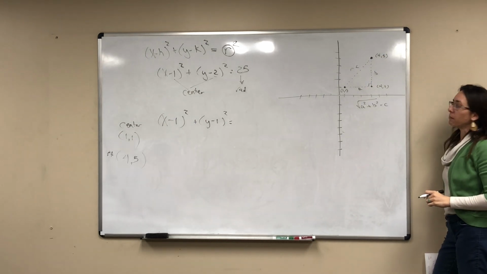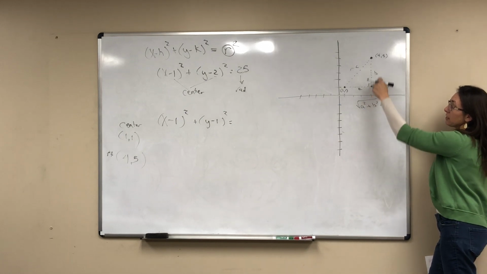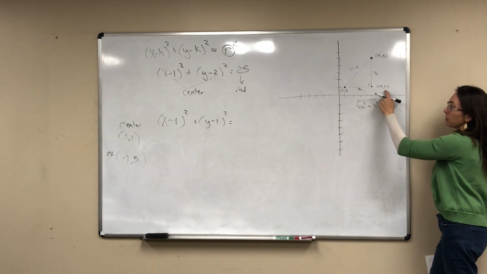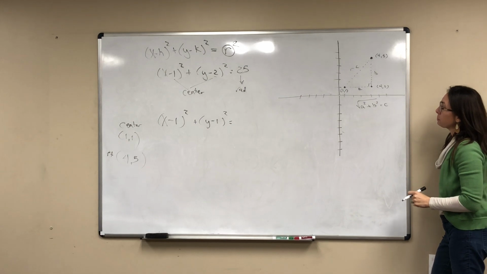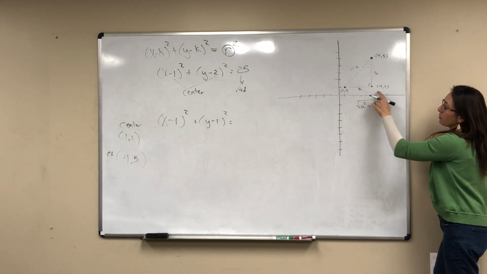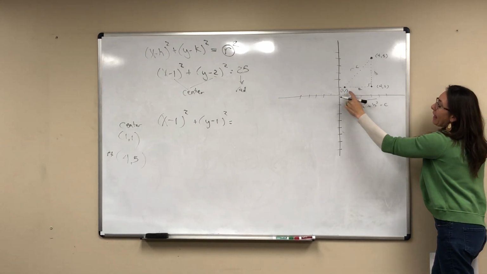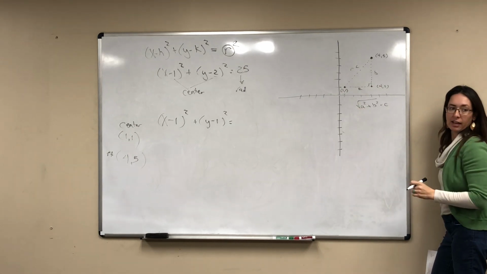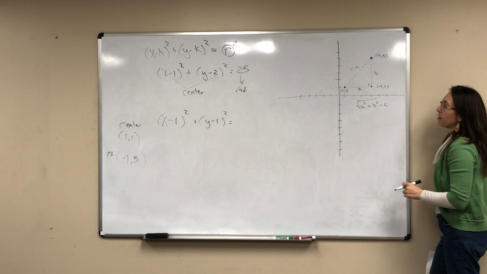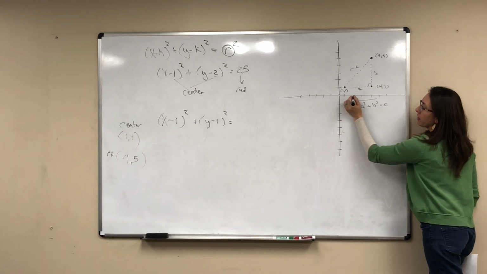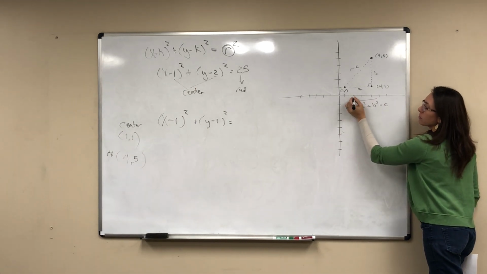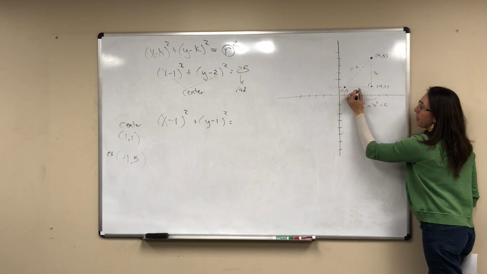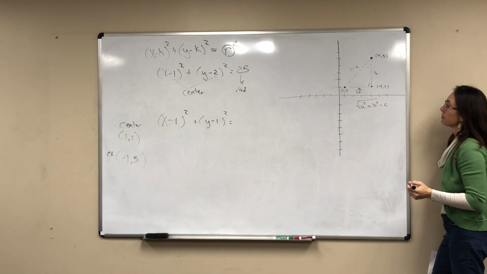So my point where I'm transitioning for my right triangle is at 4, 1. Okay? So that means that A is from 1 to 4. So how far is A? This is on a graph, so we can actually count it, right? 3. So A here is 3.